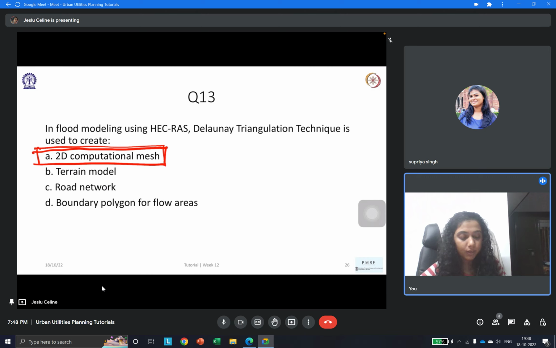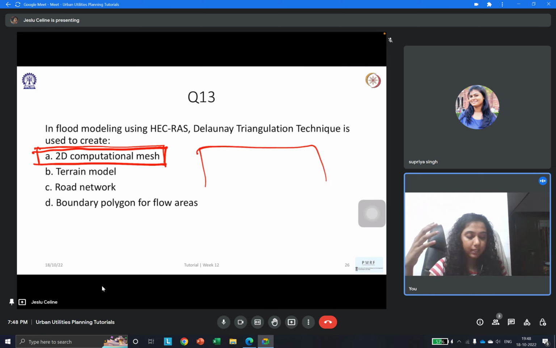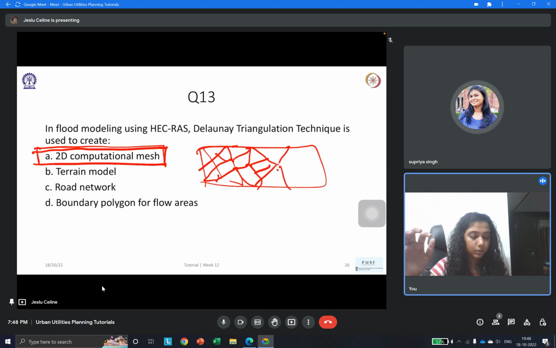So basically, what happens in the software is you need to find the flow. You need a computational mesh, so if you have a region, for that entire region a mesh is made, and it can be of different shapes, like triangular or hexagon. Let's not get into the method. Why this mesh is important is because from this point, where will water flow?